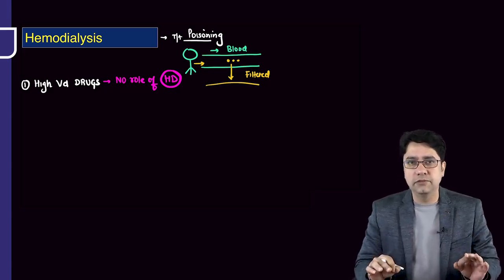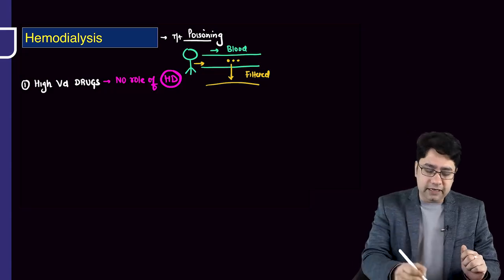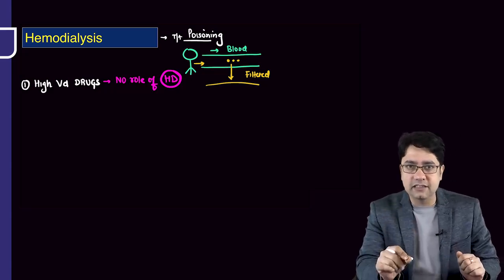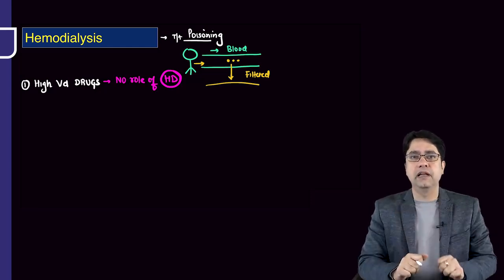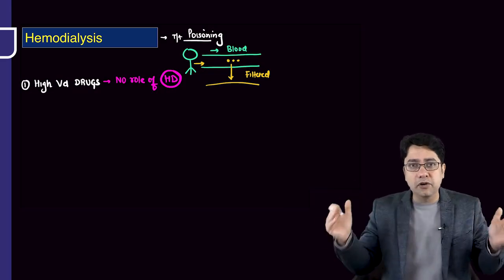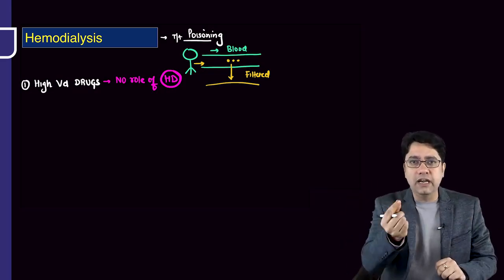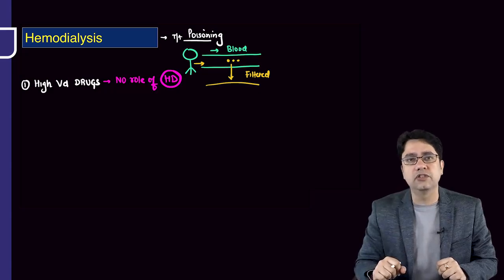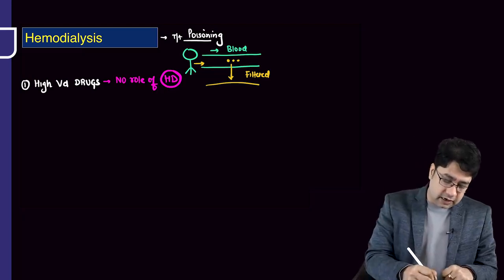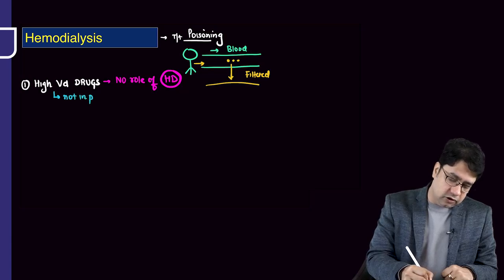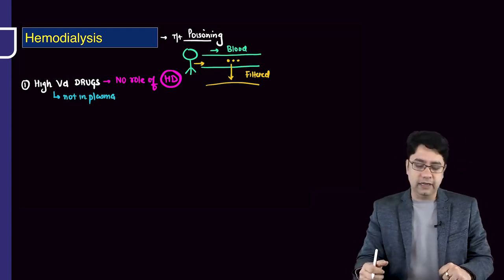High volume of distribution means these drugs are not present in blood. They are not present in plasma. They are rather deposited in the organs. So why take the blood of the patient outside and filter it? The drug will not be in the blood because high VD drugs are not in plasma. So there is no point of taking blood outside and doing hemodialysis.